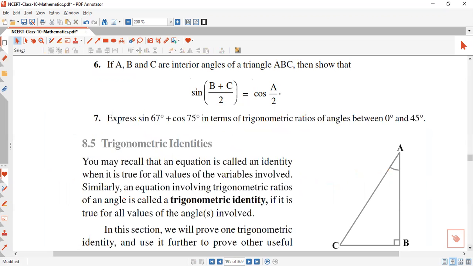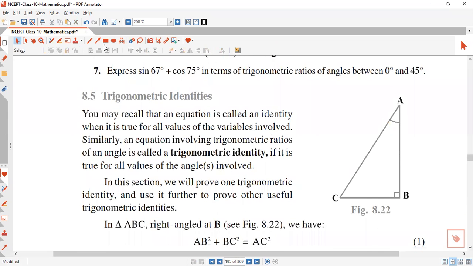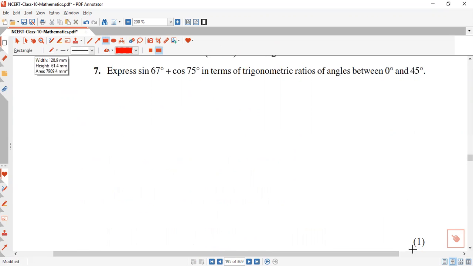Now, question number 7. Express sine 67 degrees plus cos 75 degrees in terms of trigonometric ratios of angles between 0 degrees and 45 degrees. This angle 67 degrees is more than 45 degrees, so we want to make the angles lie between 0 and 45 degrees.